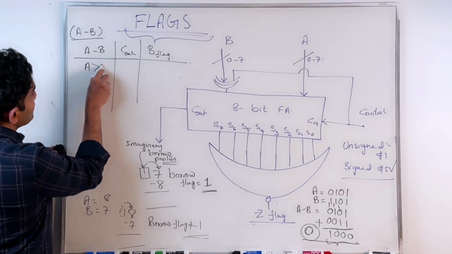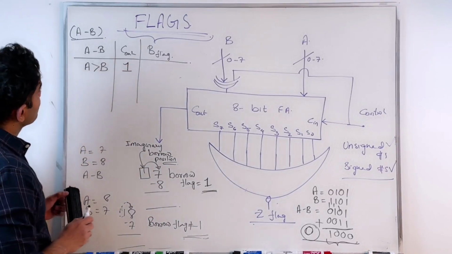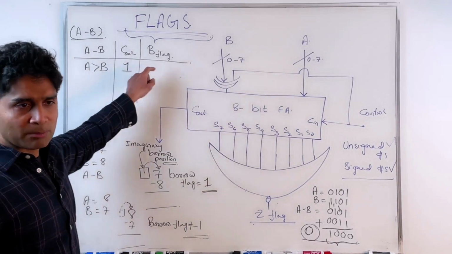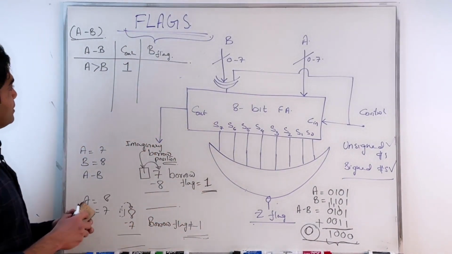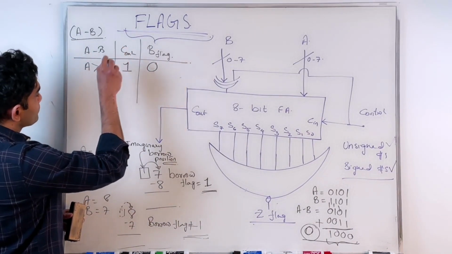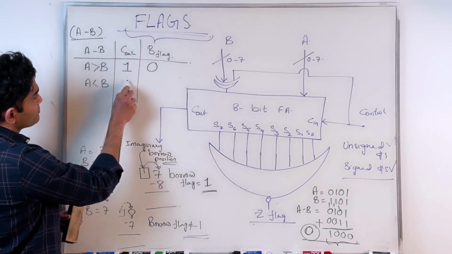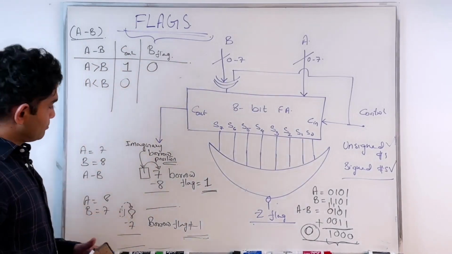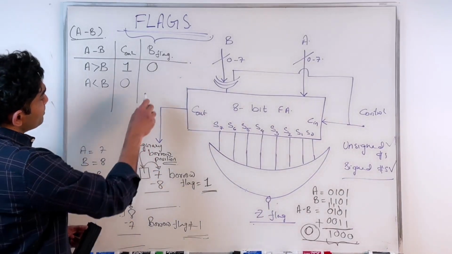When A is larger than B, my Cout is a 1. What about my borrow flag? If A is larger than B, I don't have to borrow, so my borrow flag should be 0. If A is less than B, my Cout is 0, but for my borrow flag, I have to borrow from the imaginary borrow position, so my borrow flag is a 1.